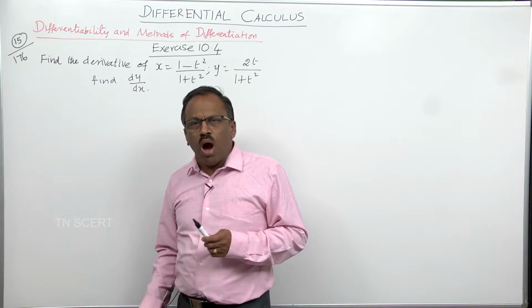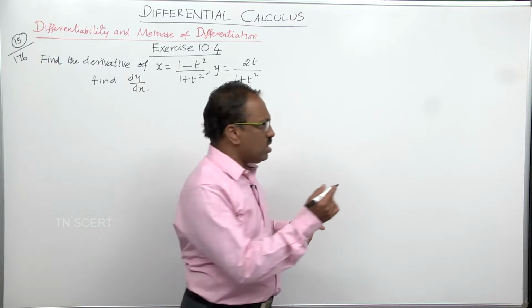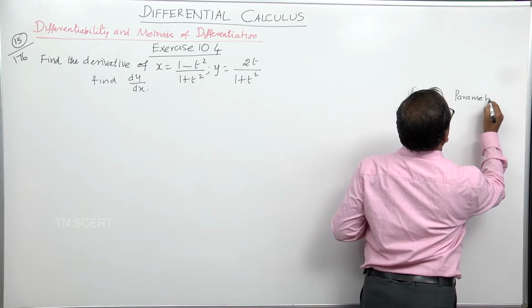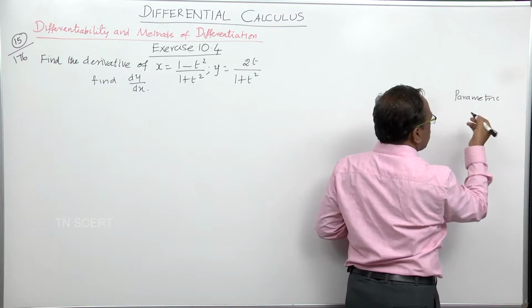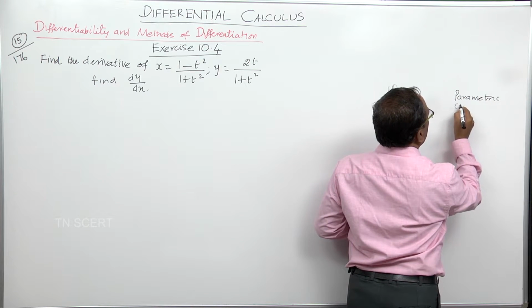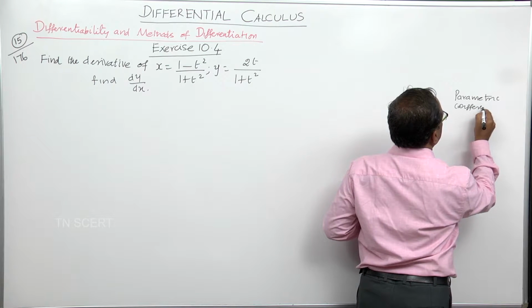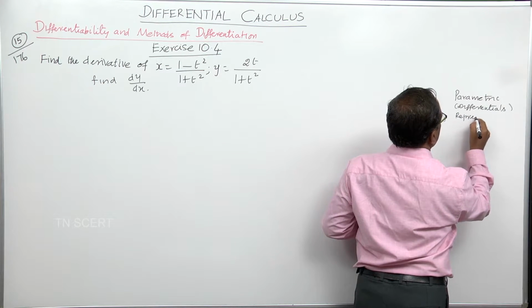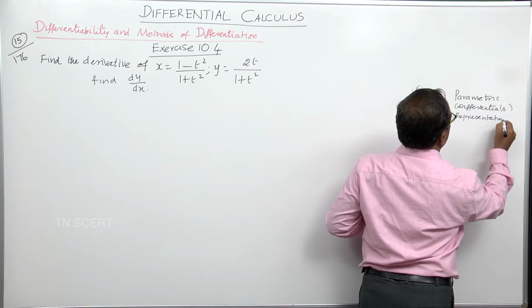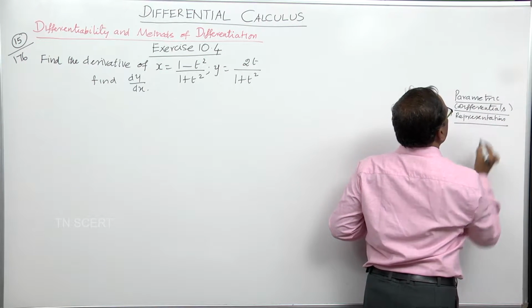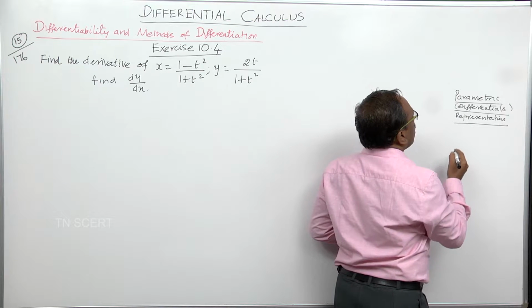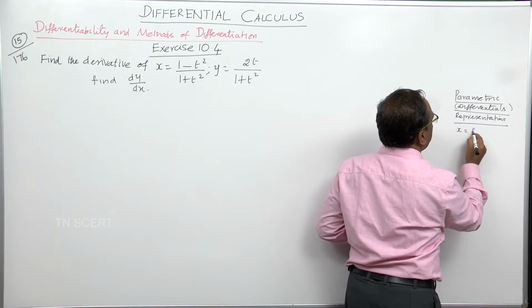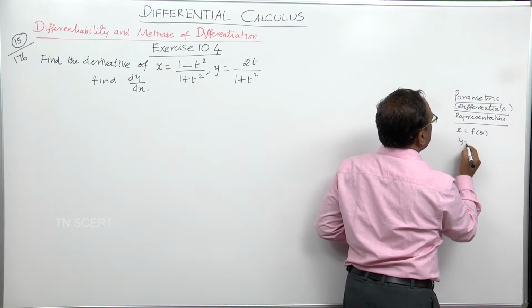So, for this you have to know the parametric representation once again. What is a parametric representation? Parametric differentiation, that is, parametric representation with differentiation. Here x is in terms of theta, f of theta, and y is in terms of g of theta.